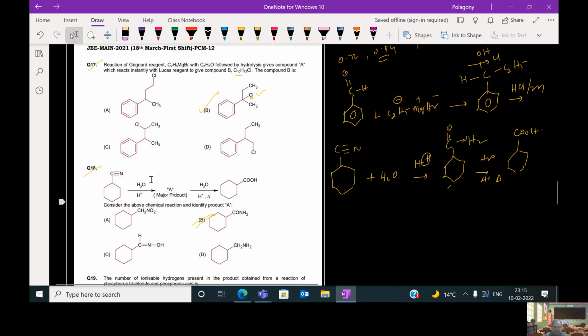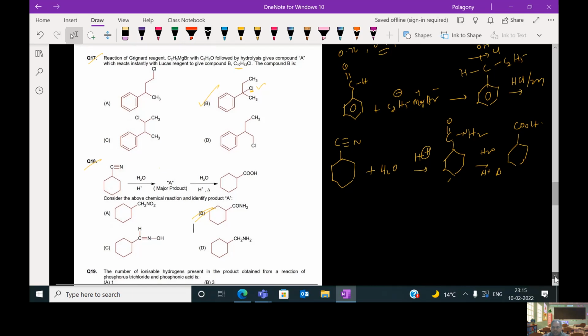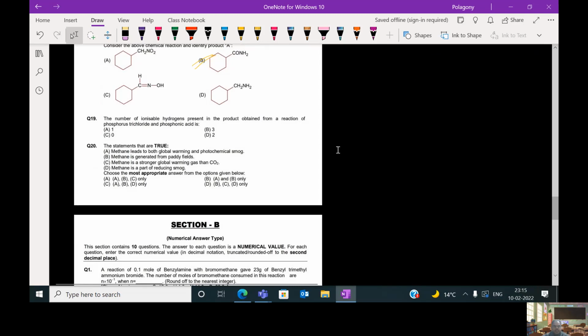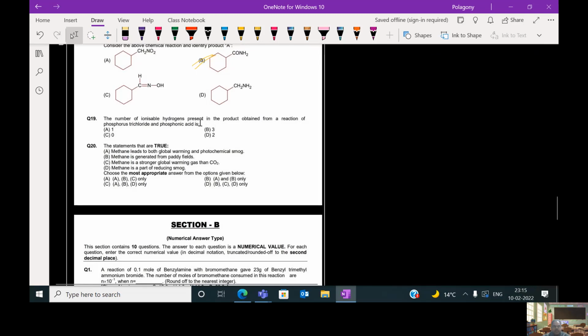Now let us move further to the next question, the 19th: the number of ionizable hydrogens present in the product obtained from the reaction of phosphorus trichloride and phosphoric acid. So how many can we get? 2.